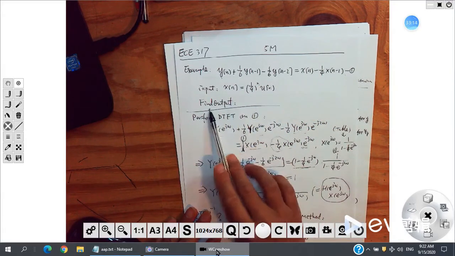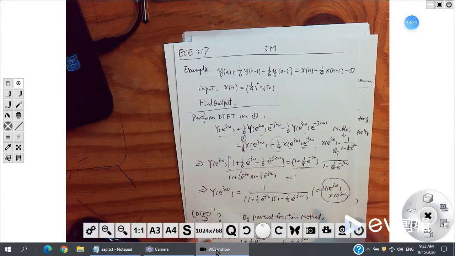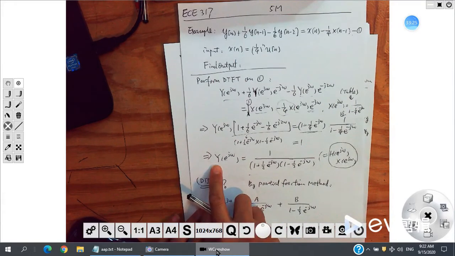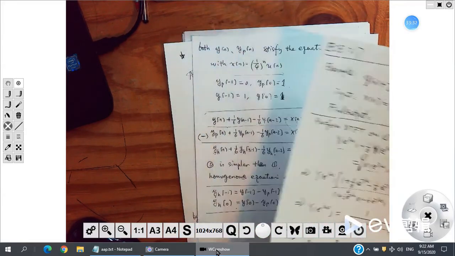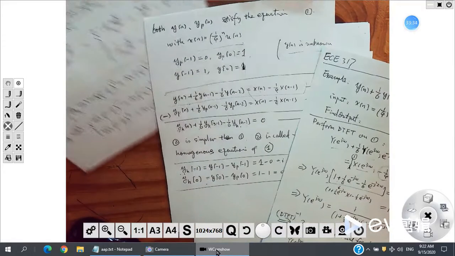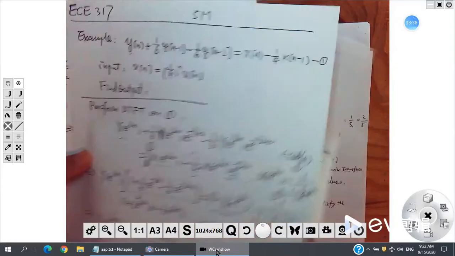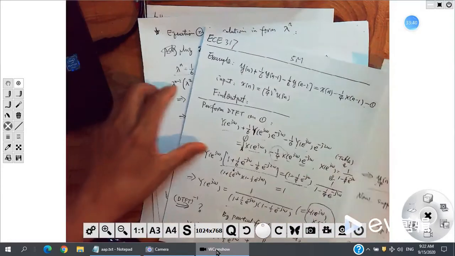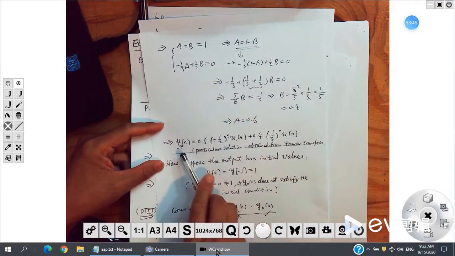Here we want to find the output, and we don't know the initial value. Then we can work like this. By Fourier transform, you find capital Y in the frequency domain, and then you do the inverse by partial fraction. By the inverse, the partial fraction, then we have the particular solution.